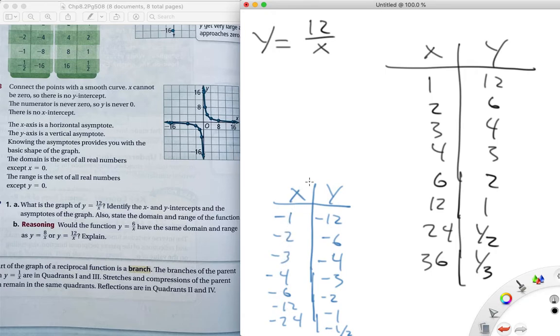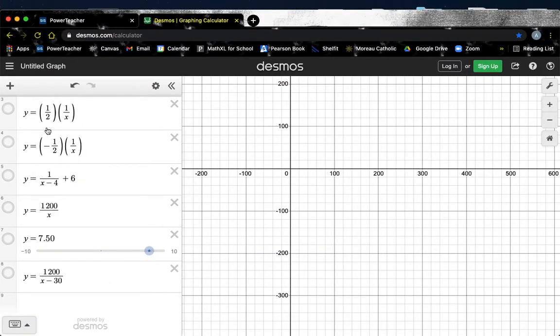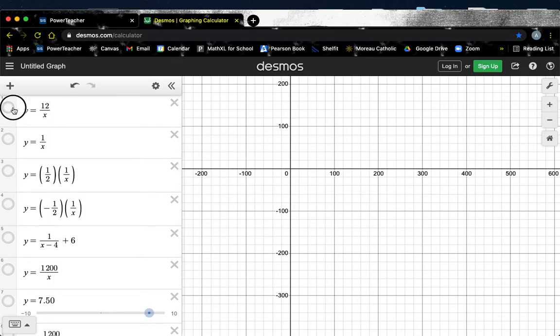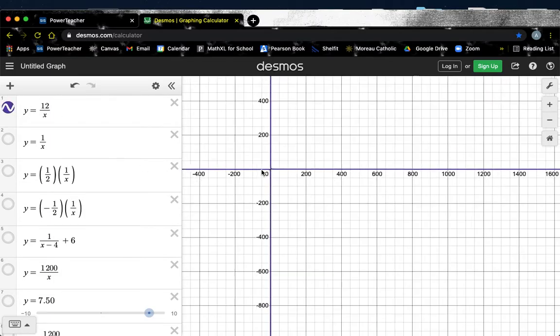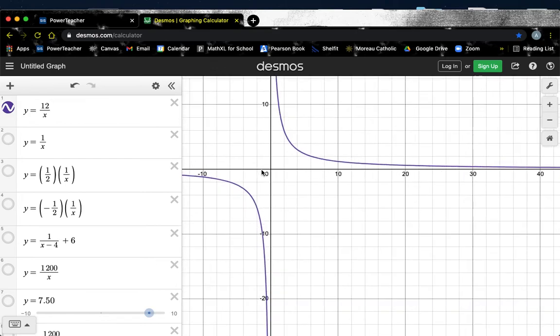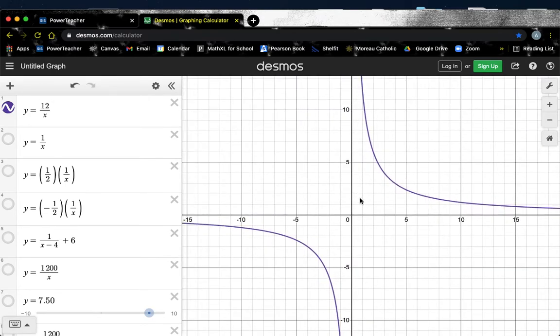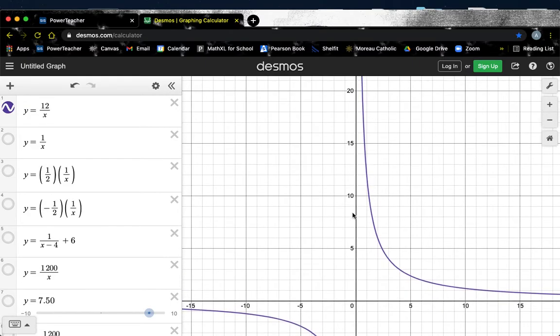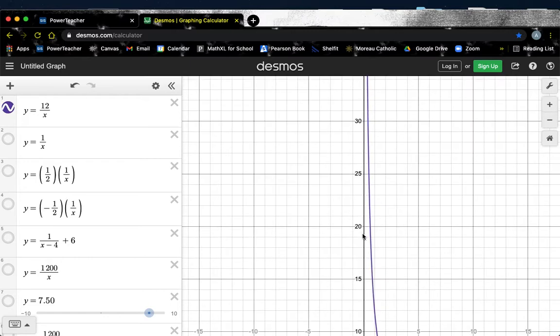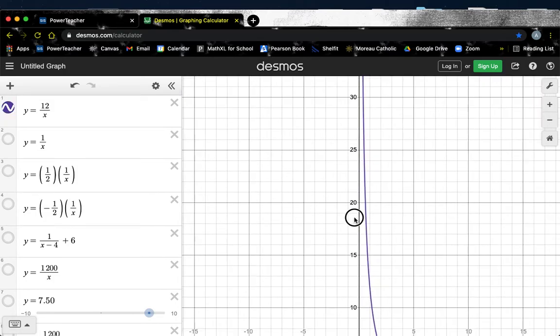So when we graph this, this is where we get our asymptote. Again, as it gets closer and closer to y equals 0, as x gets bigger and bigger.